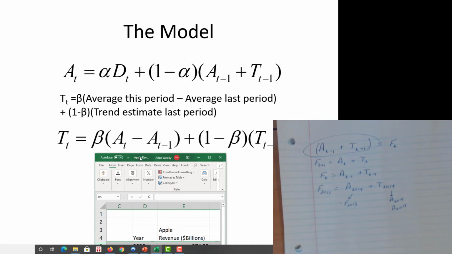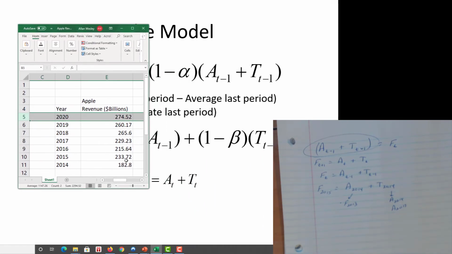I can make sort of a fudge for the forecast for 2014, but I'm starting to get a little bit iffy. How would I come up with a trend, right? I think of a trend as differences. I'd like to find the difference between two demands to get things rolling, so that I have some idea. I could start this in 2014, but I would be making big leaps for both the AT and the TT, and maybe I don't want to do that.